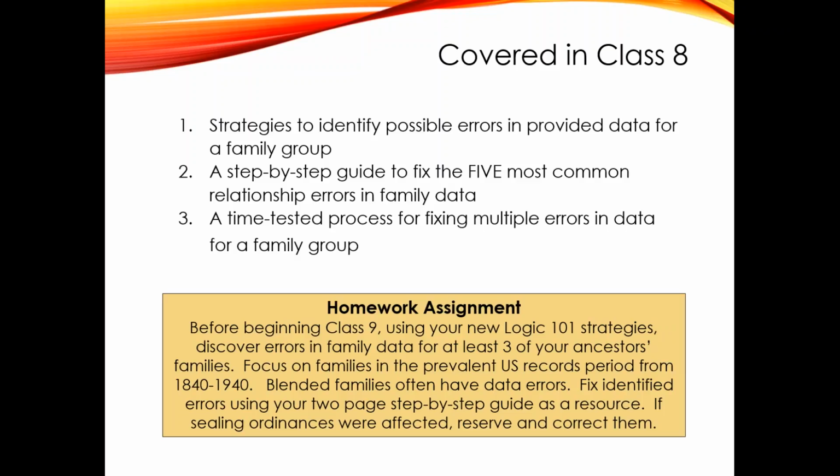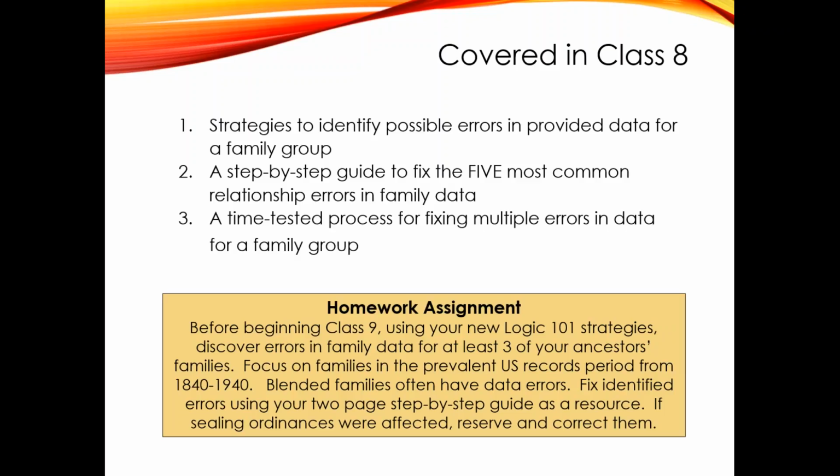So that is a clue that you might want to use when you're completing your homework assignment, which is, before beginning our Class 9 next week, we ask you to consider using your new Logic 101 strategies to discover errors in family data for at least 3 of your ancestors' families.